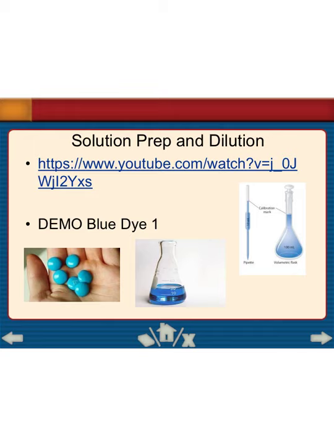Please watch the videos on the PowerPoint and also in the long distance learning folder. They show you how to make solutions with a certain molarity, and they also show you how to do dilutions. So those are both pretty useful to watch.